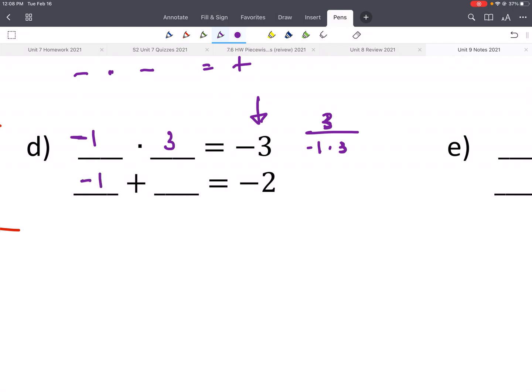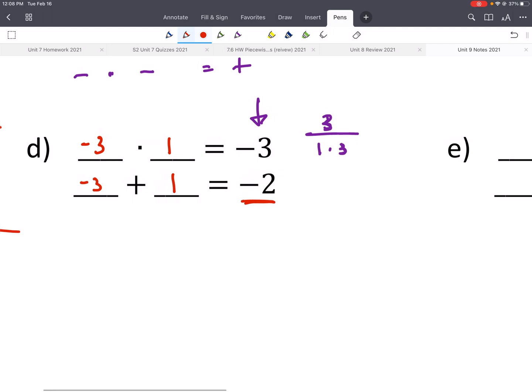But if we did negative 1 plus 3, that would give us a positive 2. And that's not what we want. So we want to change those signs. Okay. And we'd want to maybe do a negative 3 times 1. And a negative 3 plus 1, that would give you negative 2.